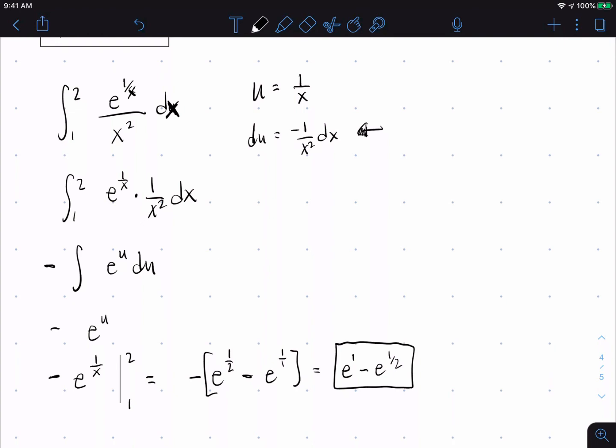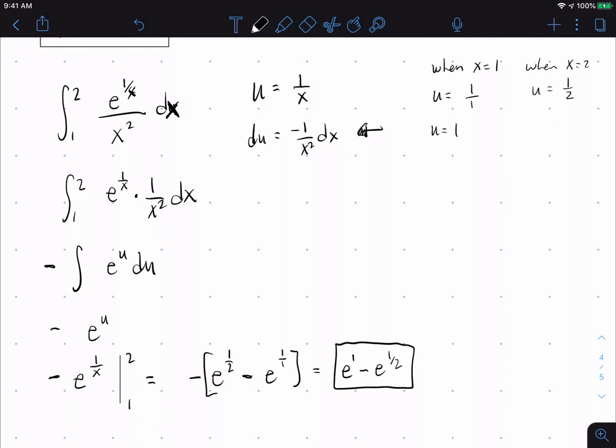So if I would have changed the bounds, when x was 1, I would have gotten u is 1 over 1, so u would have been 1. And when x was 2, I would have gotten u is equal to 1 over 2, so it would have been u is 1/2.